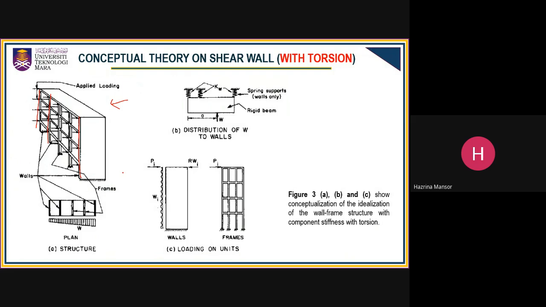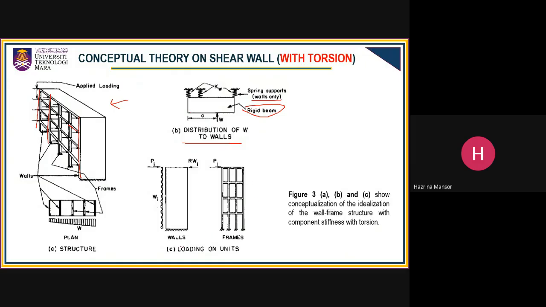When you do the idealization and reduction of the structure, you first exclude the effects of the rigid frames, as you can see in figure B. In figure B, the idealization only considers the walls, whereby the rigid slab is represented as a rigid beam. So here is the rigid beam, and here are the spring wall supports. The load W is acting at a position located at distance A from the origin.